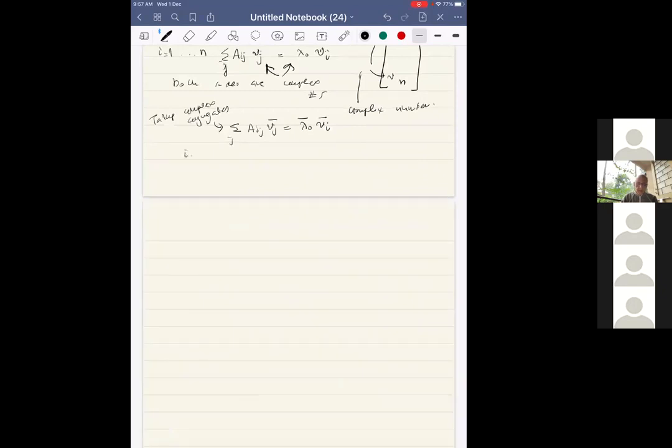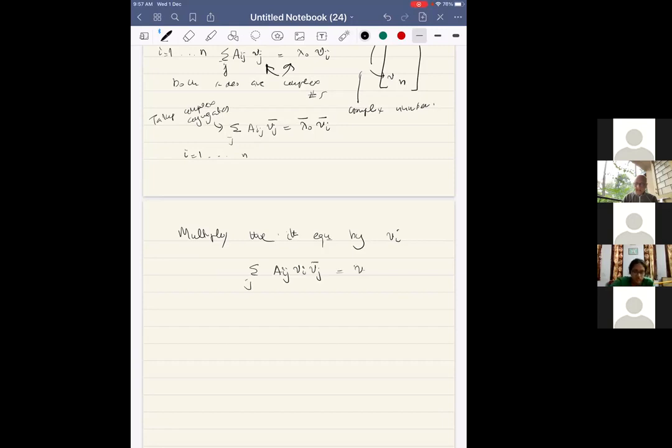This is true for i equal to 1 to n. Now multiply the ith equation by v_i, and I'll get the sum over j of A_ij v_i v_j bar equals lambda 0 bar v_i v_i bar.